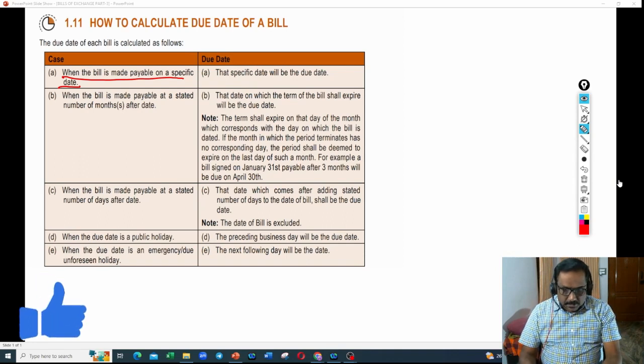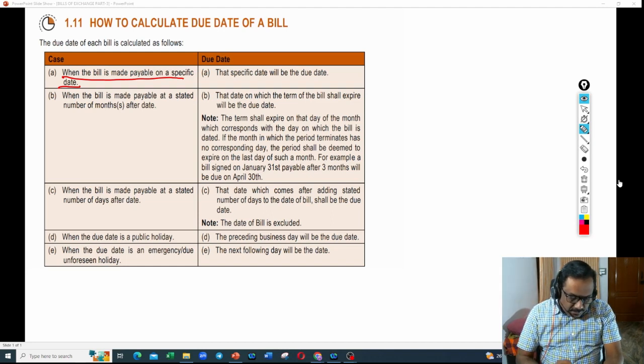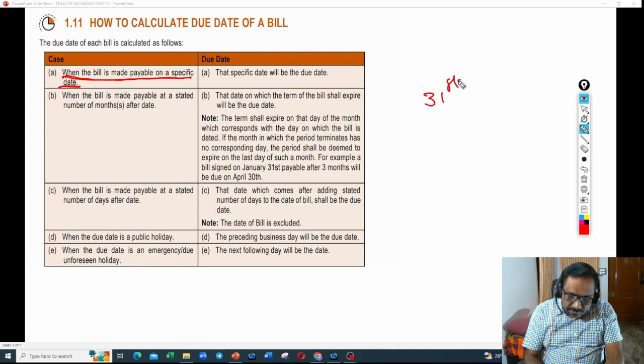Let us understand how to calculate the due date in different scenarios. The first one is when the bill is made payable on a specific date. For example, if the bill is prepared in such a way that the amount has to be paid on 31st January.